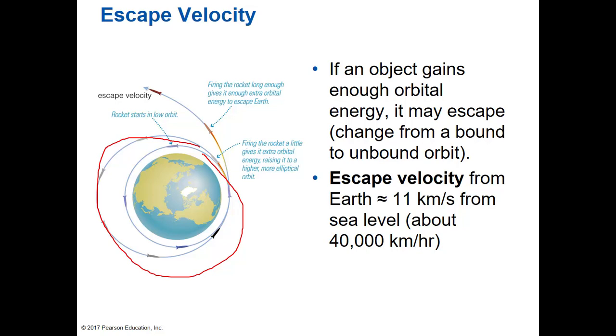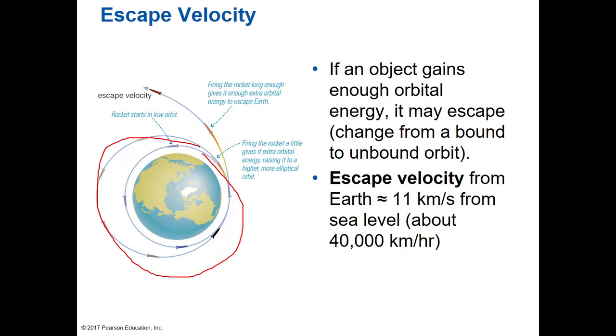It will leave the Earth's surface, leave the Earth's gravitational field and go into the solar system, or it may go somewhere else. That is called the escape velocity. We call it the escape velocity because it is now going away from the Earth's gravitational field. And the escape velocity for the Earth is equal to 11 kilometers per second.